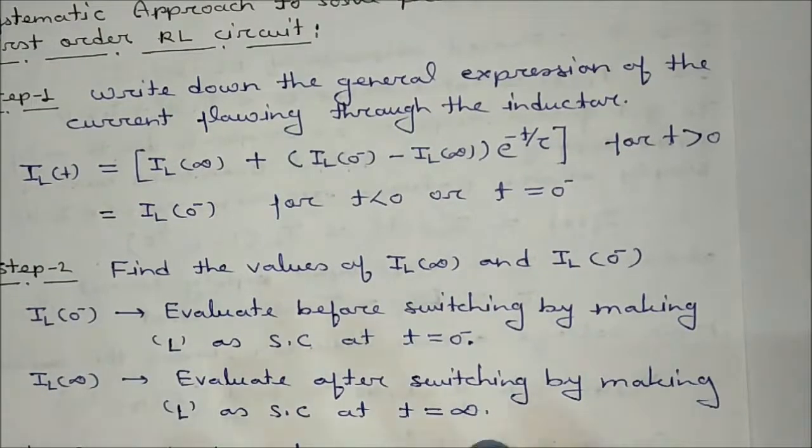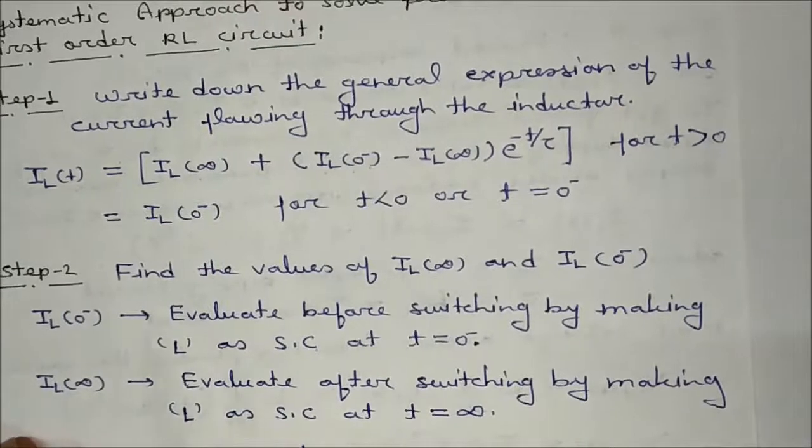What is step number 5? In case of our circuit, if someone asks for a response other than the inductor, that is, it is not asking about iL(t) or vL(t), but about the response in any other element except the inductor, then what was the procedure in the RC circuit? You first calculate vC(t), iC(t), and after that use KVL and KCL to find the other responses.